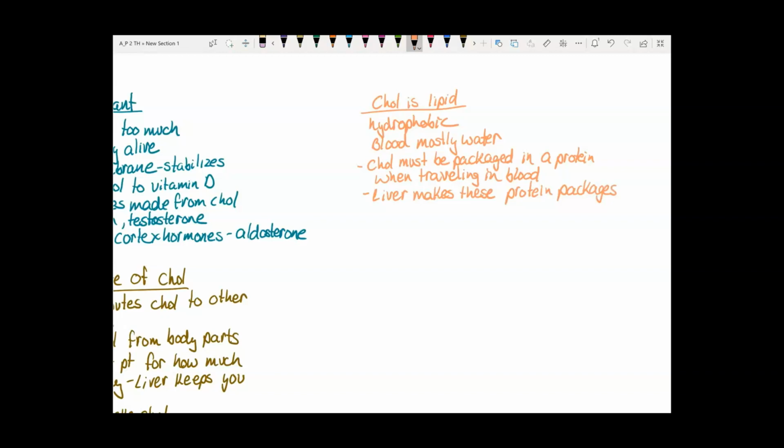Now we're going to talk about density. If something is low density, it will float in water. If something is high density, it will sink in water. So density is how tightly packed the molecules are.